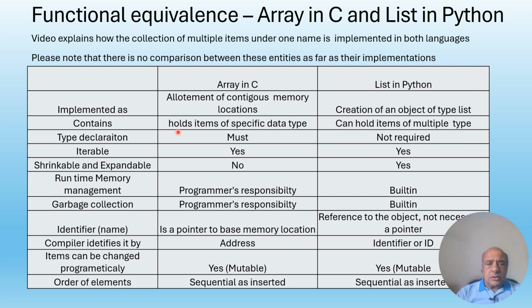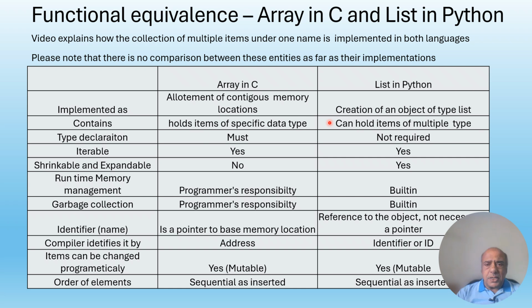Then arrays hold items of specific data type, which has to be declared at the time of writing a program or writing a script. So we will always see arrays when they are used in C programs as int array arr, float array frr and all that.